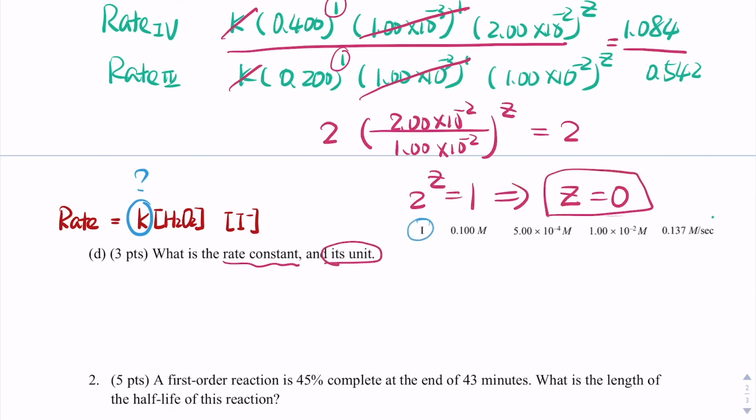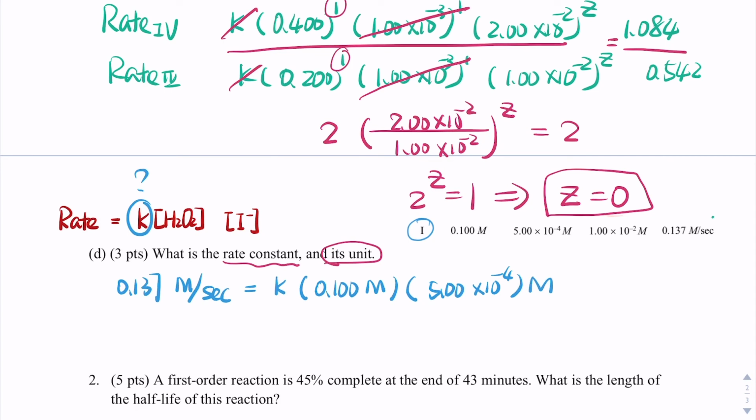So you have the rate equals 0.137. Now I'm going to use units so you can see how the units come out. We have 0.1 molar, and then you also have 5.00 times 10 to the negative 4 molar. That's what I have, and then you can do the calculation.